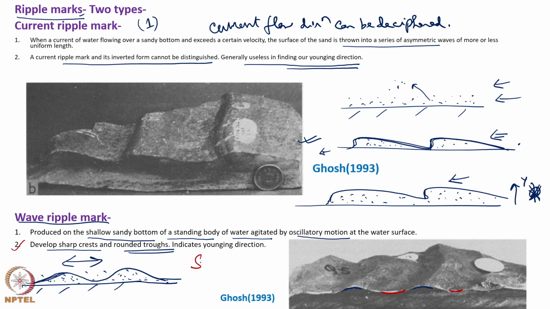This is a symmetric structure and it indicates an oscillating motion. So, it does not give a uniform unique paleocurrent direction, it gives oscillation. Note that this does not mean water was static, as I am repeatedly telling, water was oscillating.